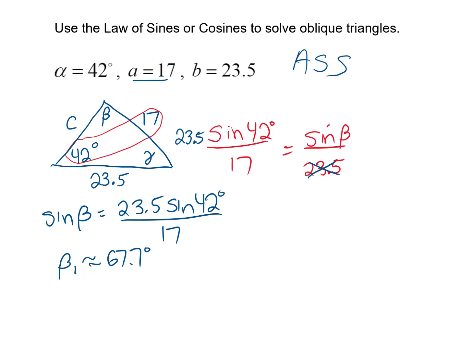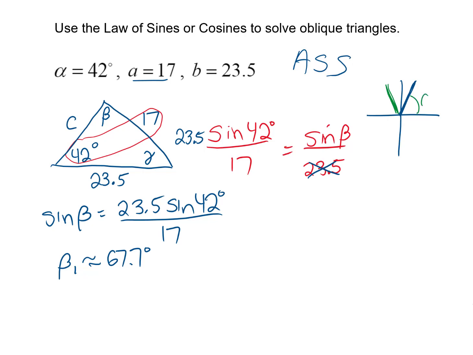Now, we're going to call this beta 1 because I had to use the inverse sine to get it, so there's a possibility of a second triangle, and I'm going to find that out right now. So I'm going to draw a picture here. 67.7 is somewhere in here, but there is another angle in quadrant 2 that has the same sine value over here. So I need to figure out how to find that one.